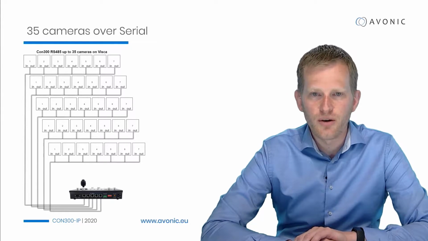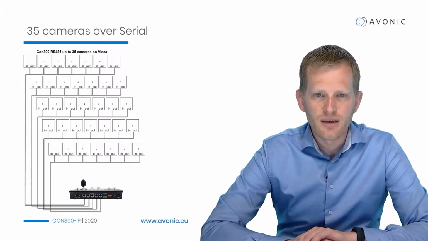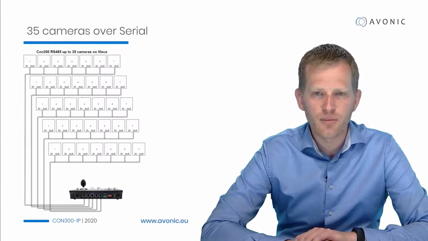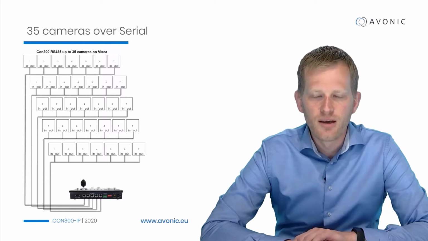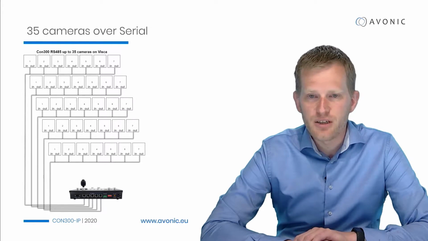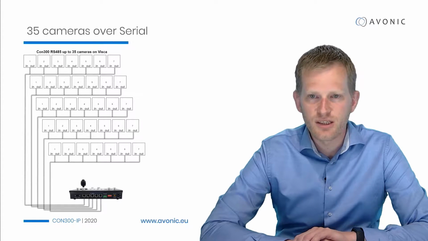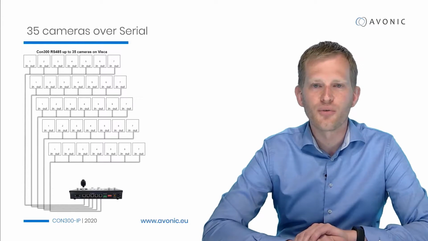Set this to a unique ID in every daisy chain, and this way the controller knows which camera it is controlling, and the camera will only respond to the commands being sent to this unique ID. So as I've mentioned before, we have 5 RJ45 ports on the back, 7 cameras each, and then you have a total of 35 cameras which you can control over serial.